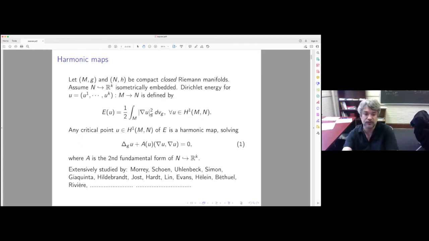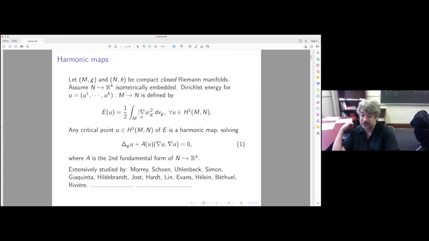In dimension 2, this functional is invariant under conformal transformations, Möbius transformations, okay? So the problem is critical. In dimension 3, it becomes supercritical. So the question is: the problem is supercritical, but can I cook up a model, an equation, or an energy, so that my problem is critical in 1D?